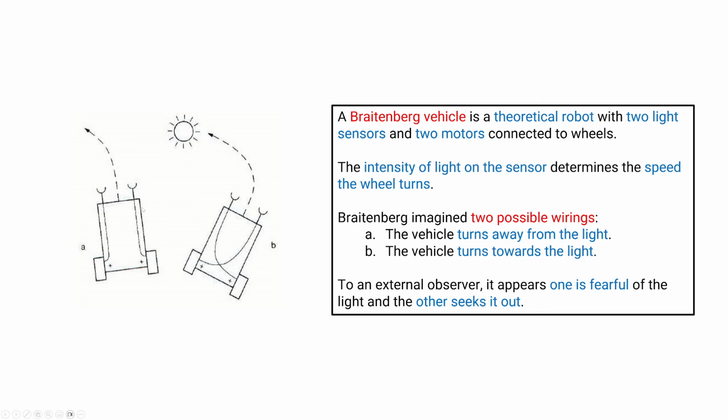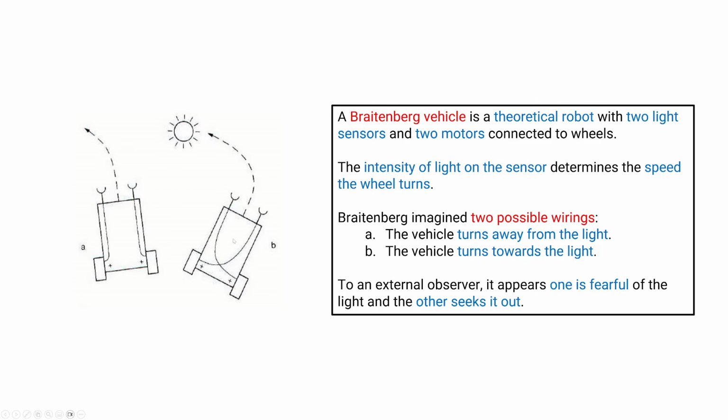And so he imagines just building a couple of these simple robots, and he considers two possible ways of wiring them up. So for instance, in this first wiring labeled A here, we have the right light sensor connected to the right wheel, and the left light sensor connected to the left wheel. And then the alternate case is just crossing them over. Right goes to left and left goes to right.